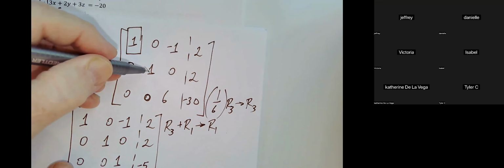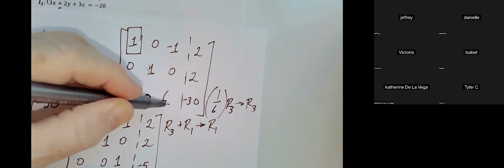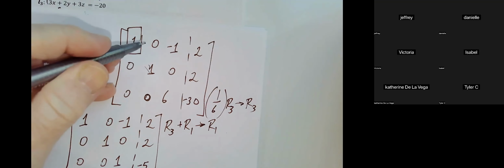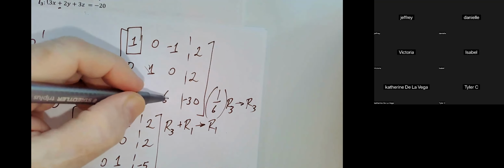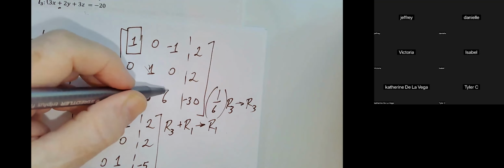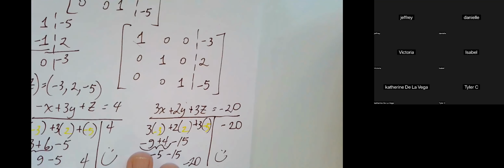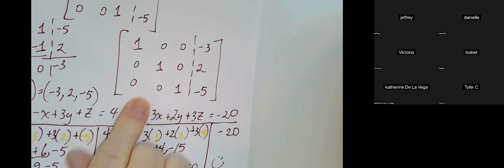Then we move to the next column, get a 1 on the primary diagonal, zeros elsewhere, and we move on, and then we have a solution.